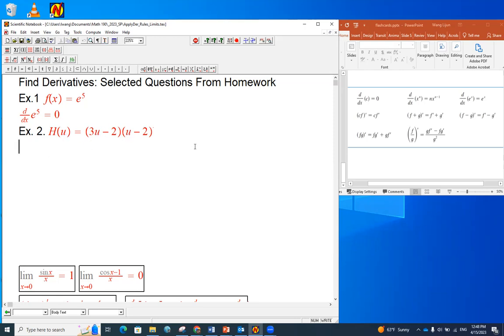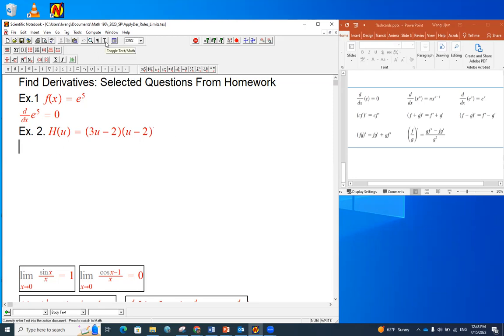When we differentiate this, there are multiple ways to do it. One way is to apply the product rule. You can treat it as a product. But you can also FOIL and differentiate according to addition and subtraction.